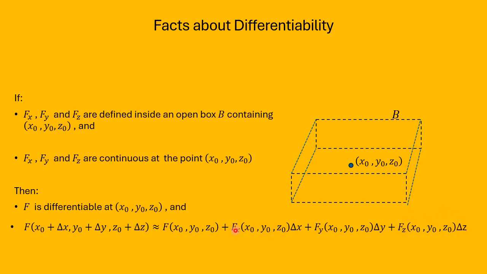So we're evaluating the function and its three derivatives at that point x0, y0, z0. And this is true as a good approximation if delta x, delta y, and delta z are sufficiently small.